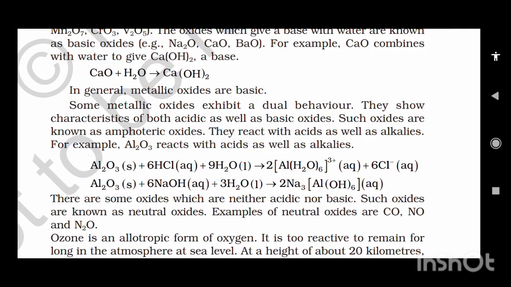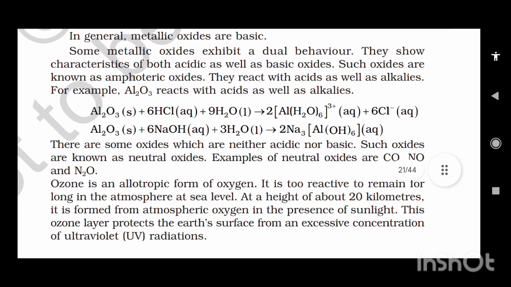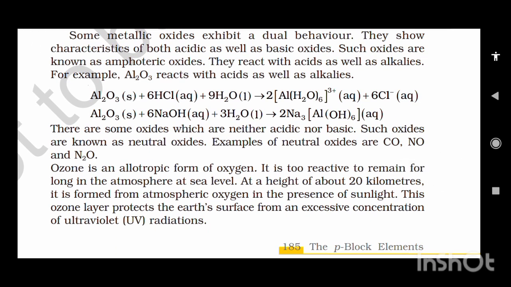They show characteristics of both acidic as well as basic oxides. Such oxides are known as amphoteric oxides. They react with acids as well as alkalis. For example, Al2O3 reacts with acids as well as alkalis. There are some oxides which are neither acidic nor basic. Such oxides are known as neutral oxides.